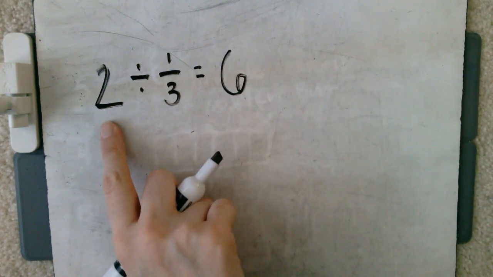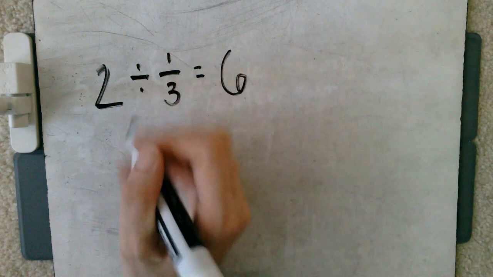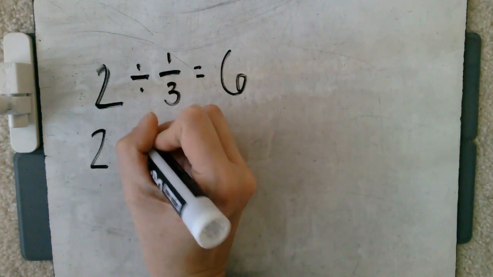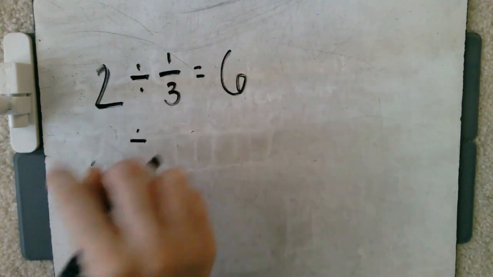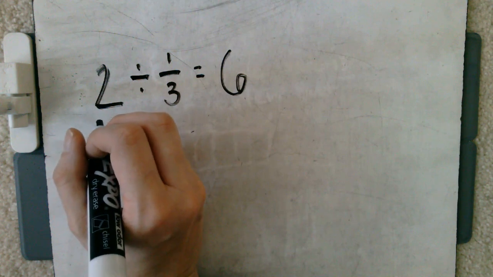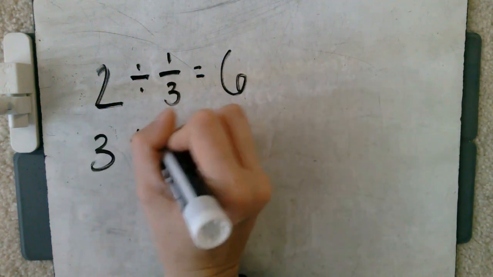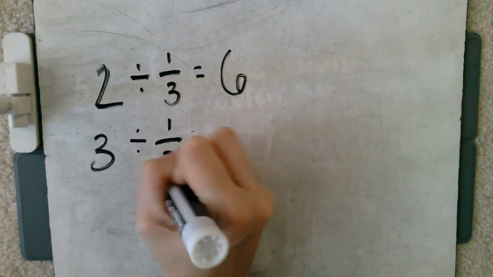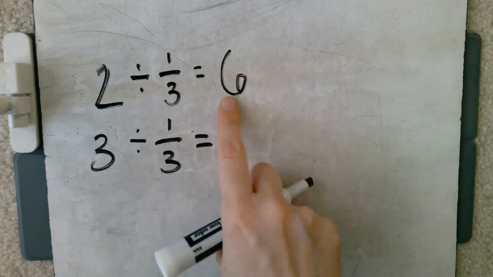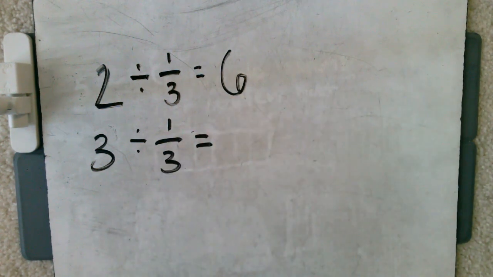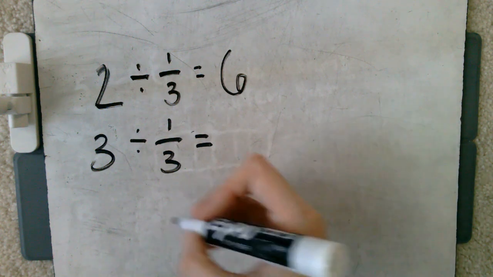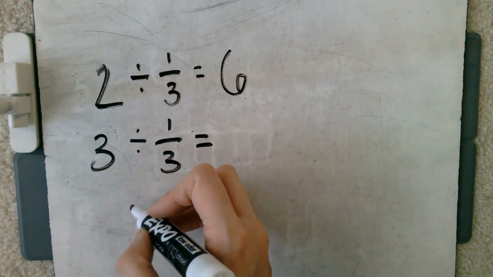Underneath where I have 2 divided by 1/3, let's do 3 divided by 1/3. Just like in our above problem, if we were going to solve this division sentence, we could use our drawing strategy to draw a model and help us.